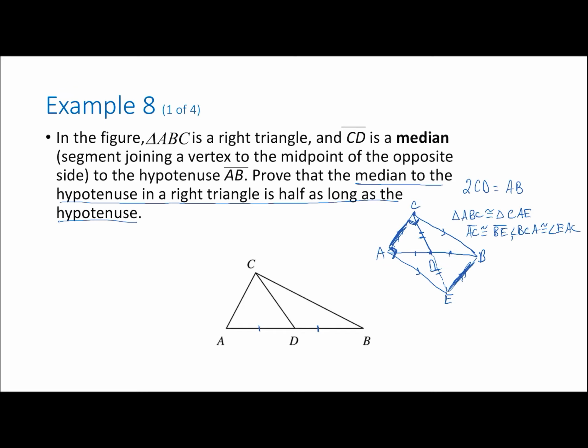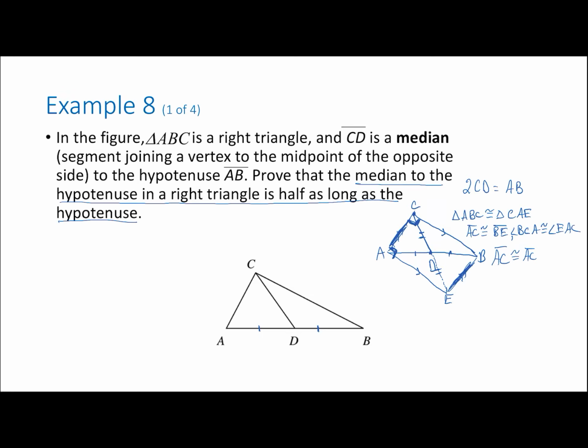If we know they're congruent, we've got a leg of a right angle. So we could do hypotenuse leg, would be maybe one way, but we're trying to show that other side's congruent. So we know that this side and this side are congruent.